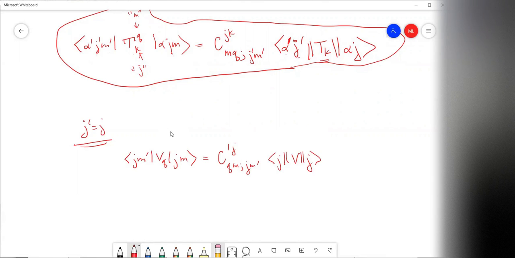And I don't even have to put a Q here because we know that this doesn't depend on Q, the M value.